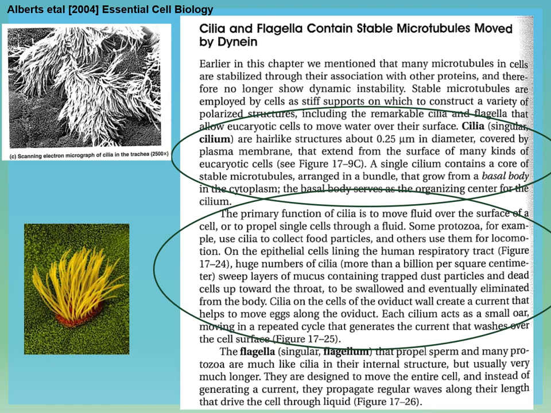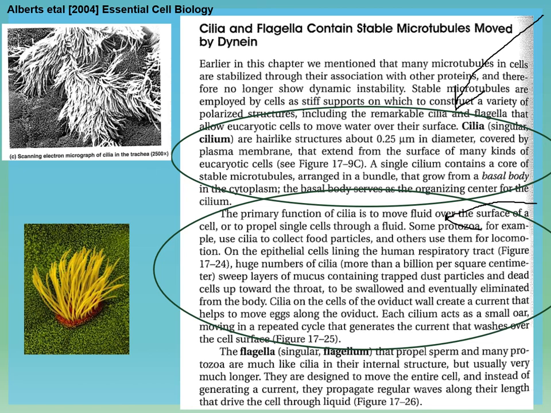So a little bit of research was done about cilia. So what are they? It tells you a little bit about the structure of the cilium at the top here. And it says the primary function of cilia is to move fluid over the surface of a cell or to propel single cells through a fluid, which some pathogens are able to do, like protozoa.